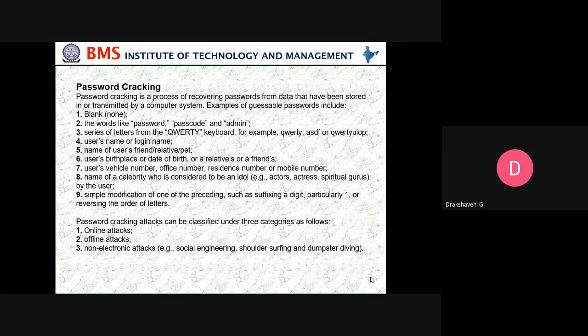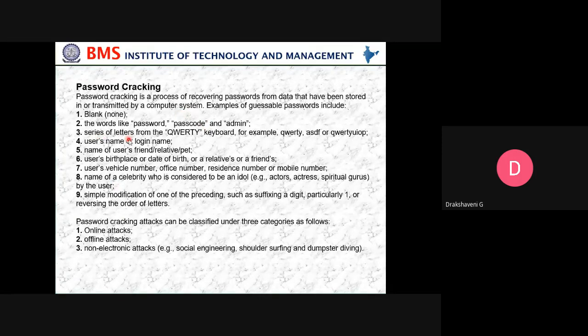Examples of guessable passwords include blank, where we may leave it blank, or passwords like we generally type, PASSWORD only, or we may try PASSCODE, or sometimes we may give admin. So there may be some of these guessable passwords.